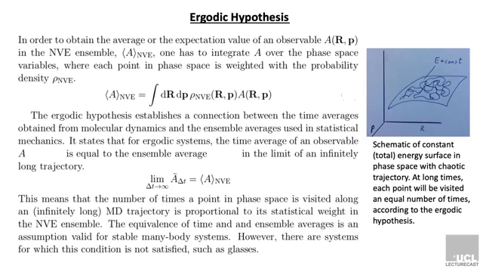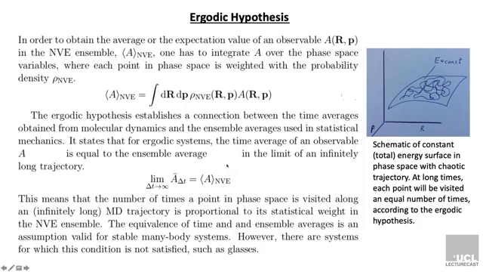And in this case, since rho NVE is just finite if the energy is equal to E and 0 otherwise, you can imagine it's just an isosurface in phase space, and all points on that isosurface, drawn here at the right, have the same energy E. So if you want to calculate the expectation value of an observable for all these points, you just have to average over A at each of these points.